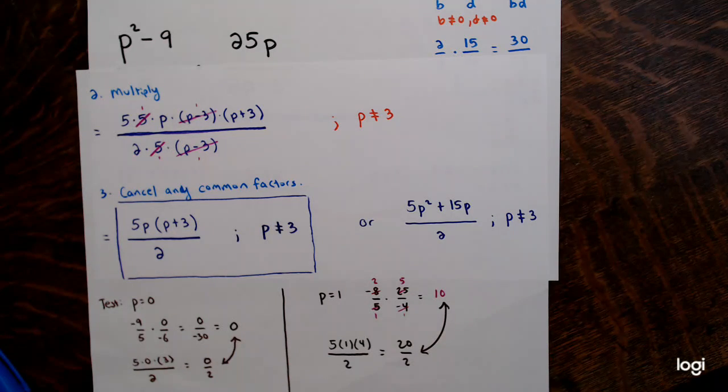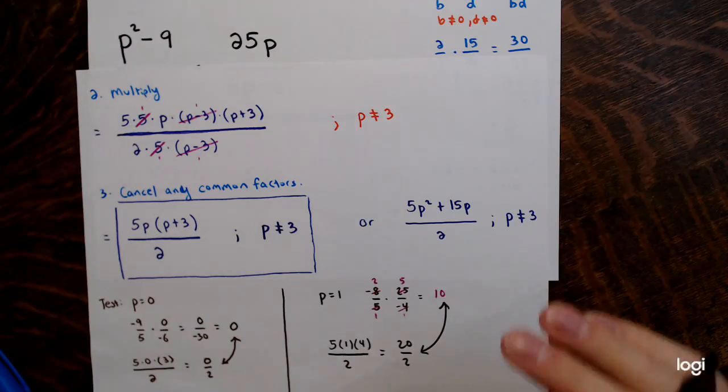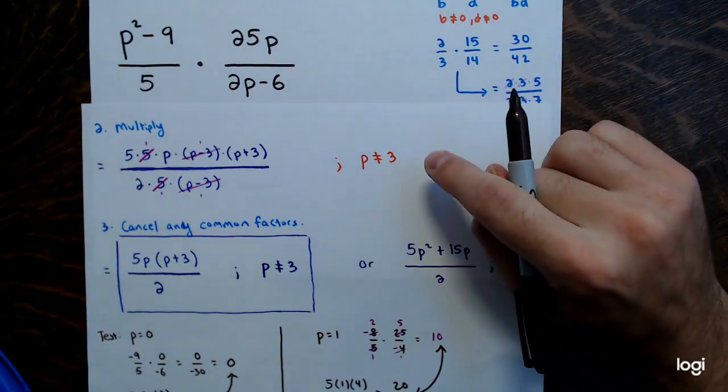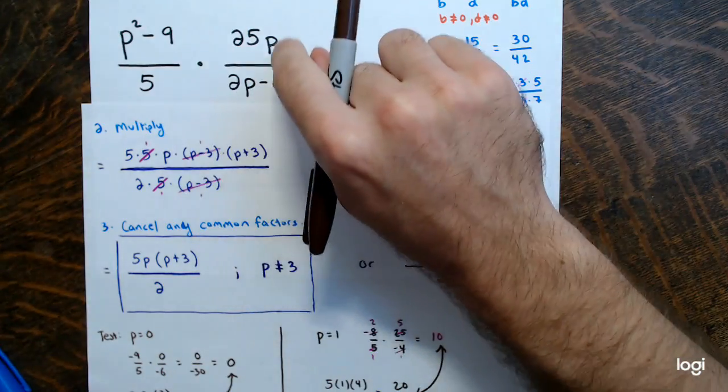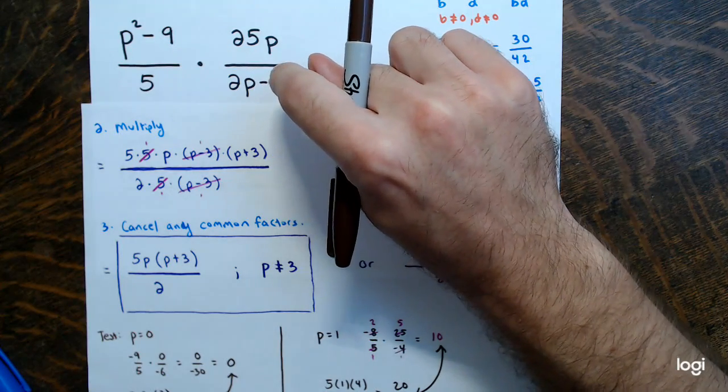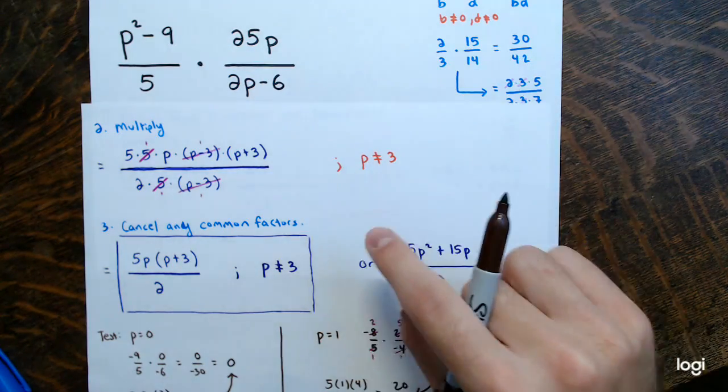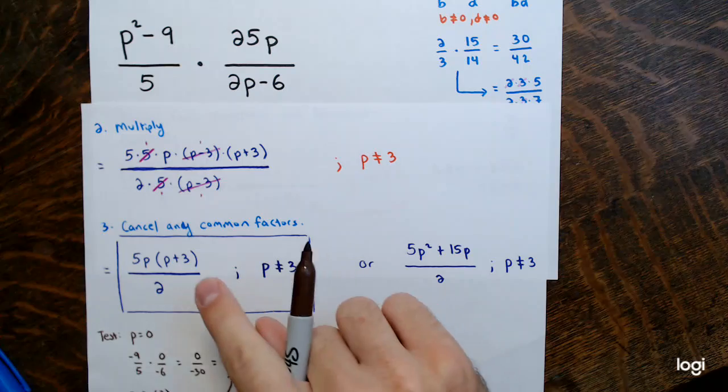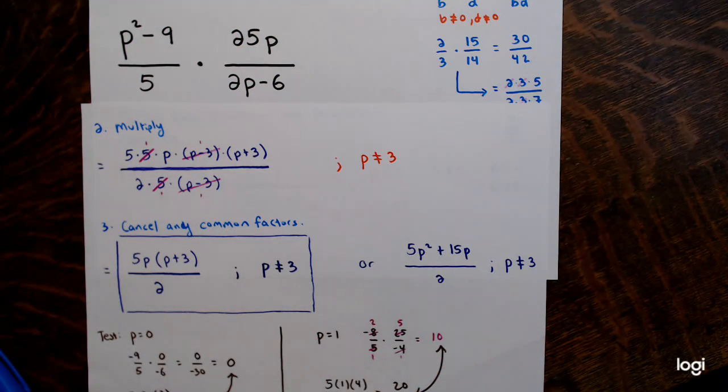And again, that's just a couple examples. It should work out for every single value I plug in except 3. Plug in a million, a billion, a third, a half, -5, and this product should be equal to this fraction right here.